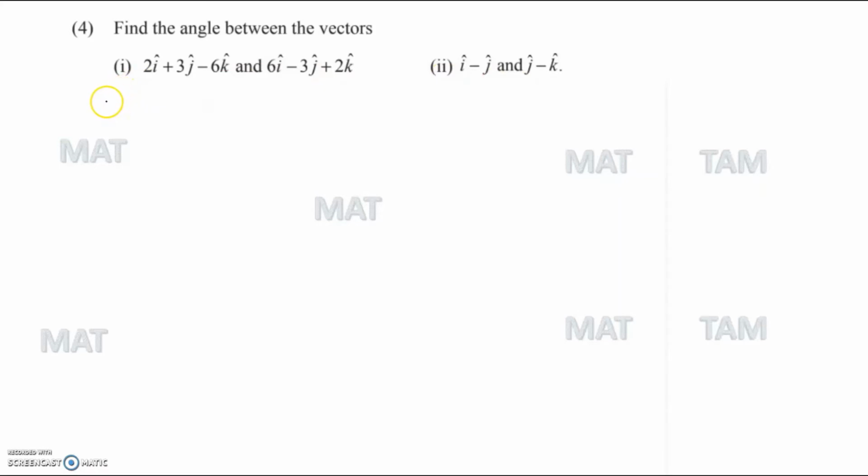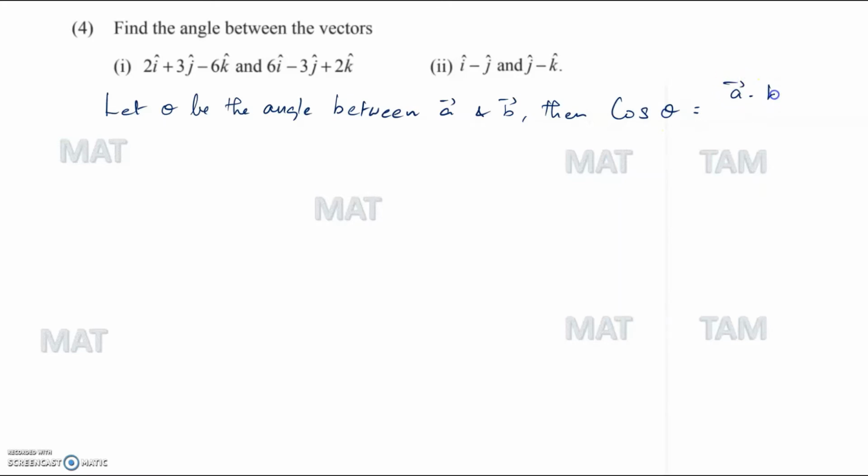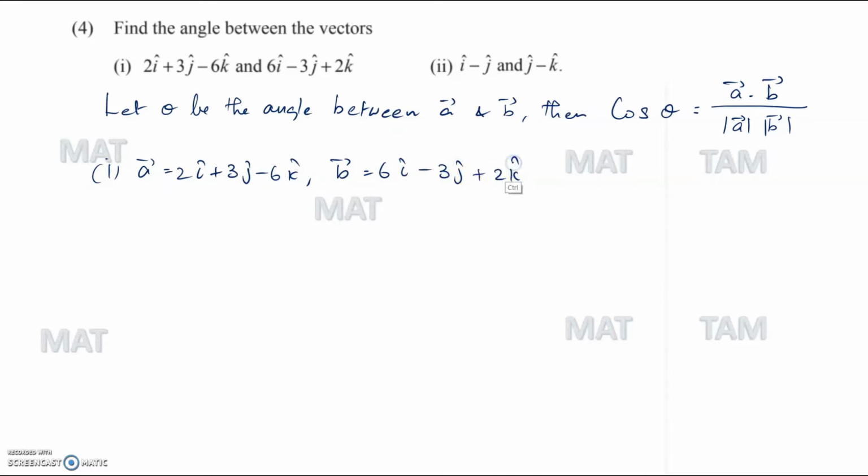Before we do that, let theta be the angle between vector A and vector B. Then cos theta is equal to vector A dot product vector B divided by magnitude of A into magnitude of B. So let's define for the first one our vector A as equal to 2i cap plus 3j cap minus 6k cap, and vector B as 6i cap minus 3j cap plus 2k cap.